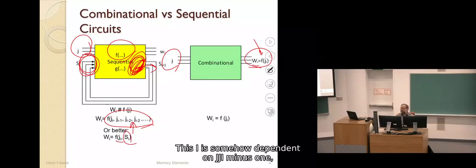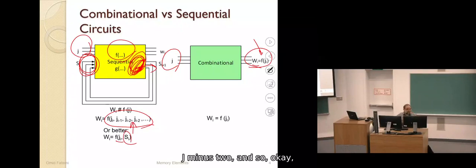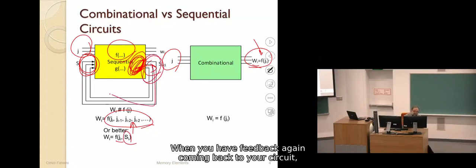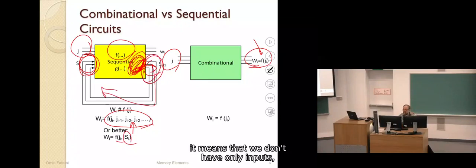So this Si is somehow dependent on Ji, Ji minus 1, Ji minus 2, and so on. Okay, so this is the sequential. And the key thing here is this feedback. So when you have feedback coming back to your circuit, it means that we don't have only inputs. We have something else also changing, also affecting.